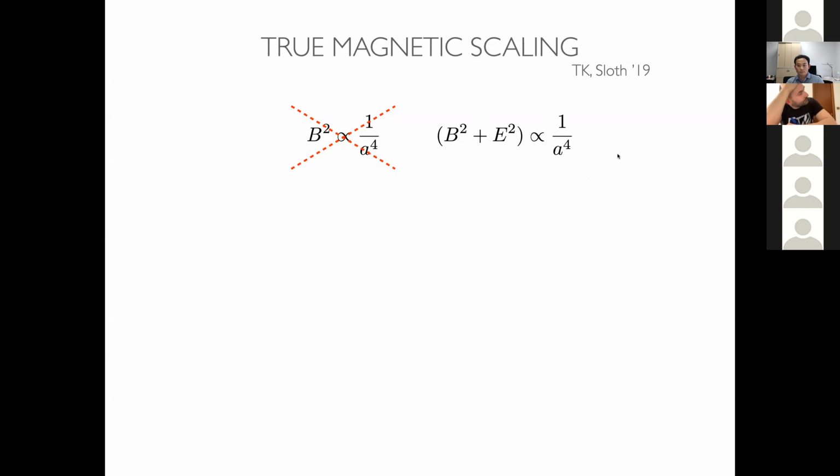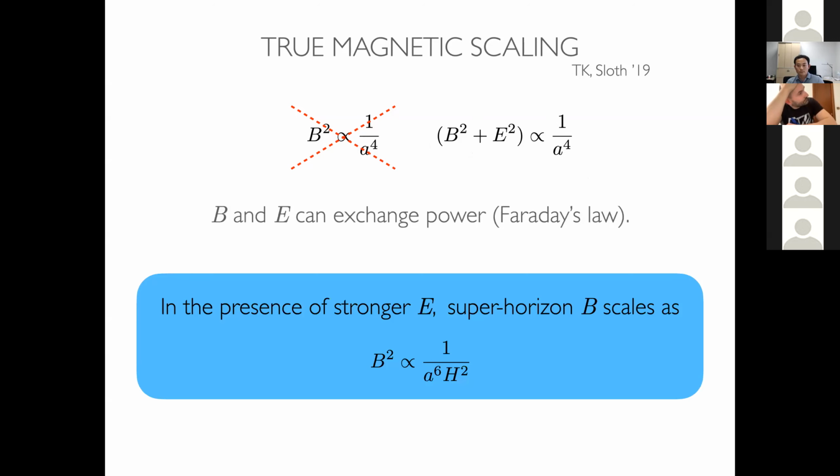Now, does that matter for the equation of state? That's the question. Yes, the total thing doesn't change, that I get. So what's happening here is that some part of the electric field is getting converted into the magnetic field. So the sum of the B and E is going down like a⁻⁴. But this is indicating that the electric fields actually go down quicker than a⁻⁴.